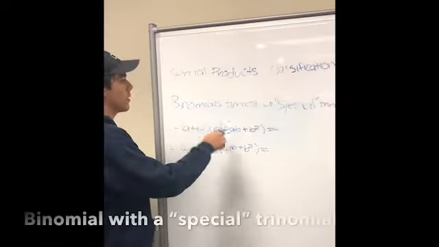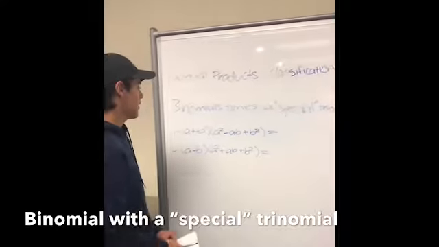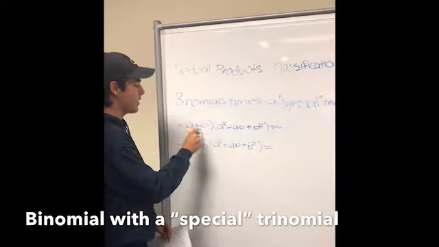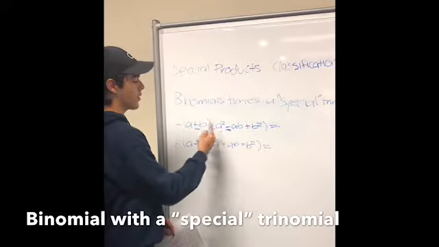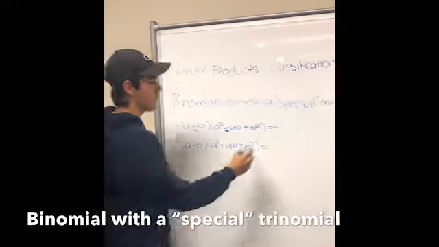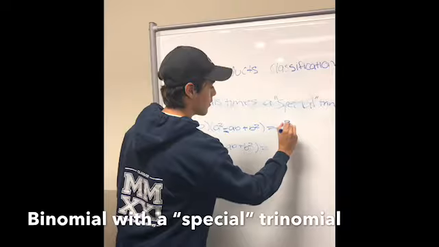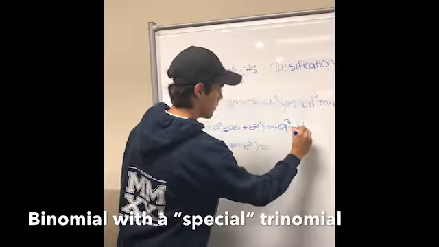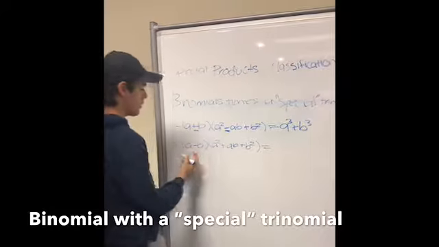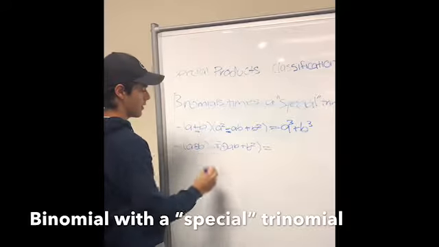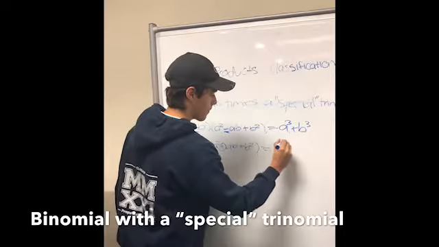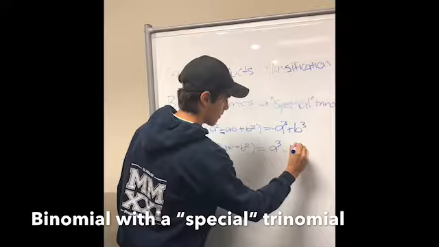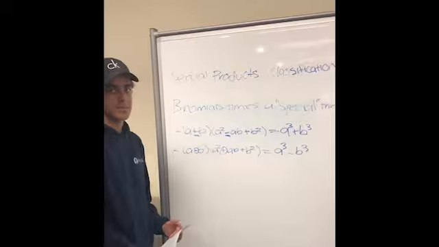Okay, in a binomial times a special trinomial, you have to make sure that this sign is different from this one. It has to be the opposite, and the answer here will be a cubed plus b cubed. And in here, you see we have plus and minus.